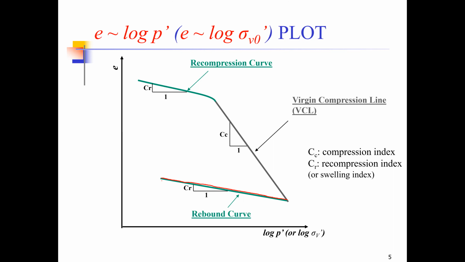This is because on recompression, the soil will follow the exact same path as the rebound curve. This is why it is called the recompression curve. And if beyond this point you further start loading, the soil will not follow the straight line. Rather, from this point, the soil will start following this path and it will start going over here. So if you are loading, the soil will be following this path.